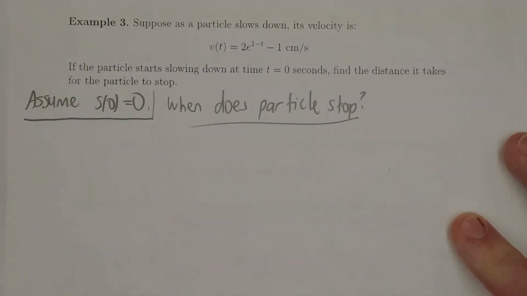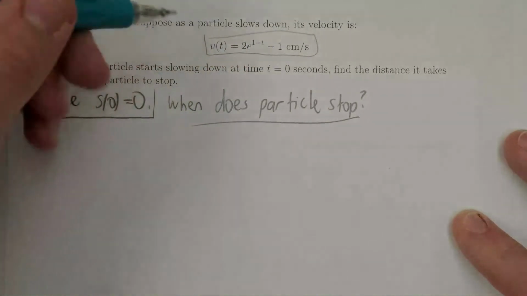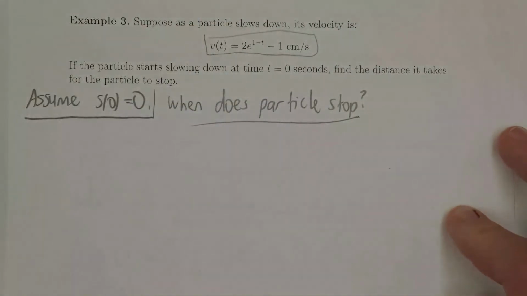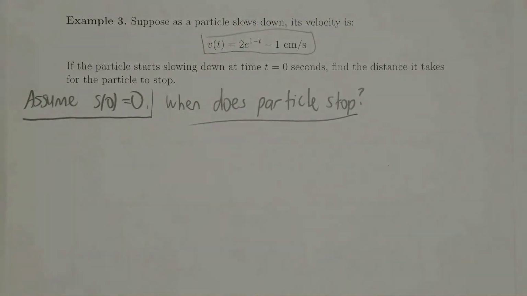In order to do that, we note that we have a velocity equation given right here. If we want to figure out at what time the particle stops or becomes motionless, we need to take our velocity function and do what with it?